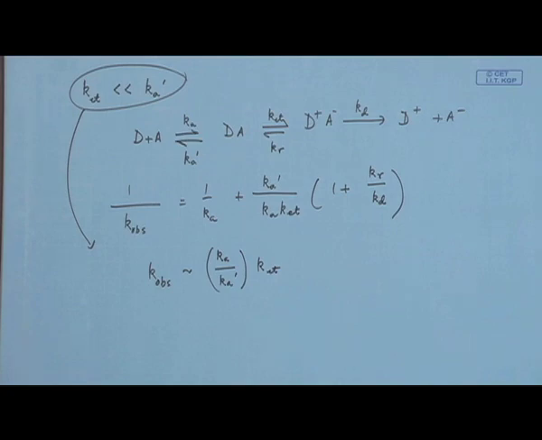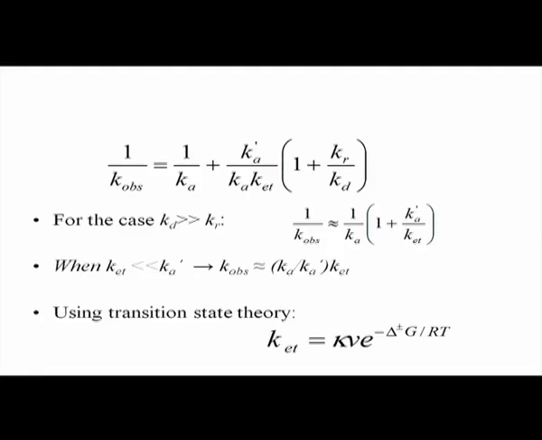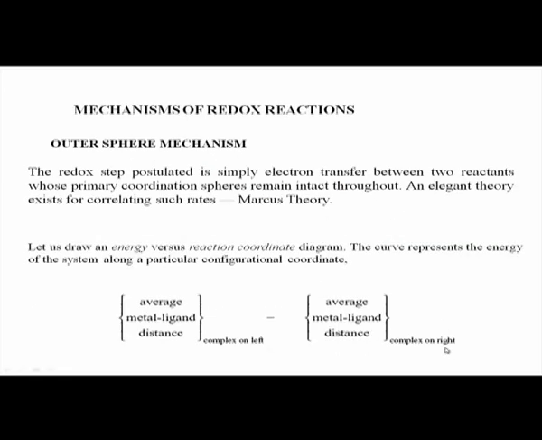And using the transition state theory, K et, the electron transfer, you can write like this. Now, the mechanism of redox reactions. Let us come to mechanism. Outer sphere mechanism.